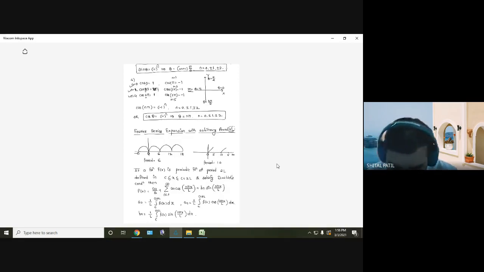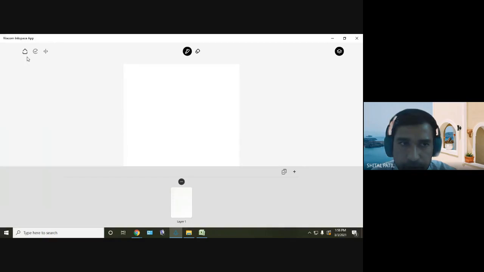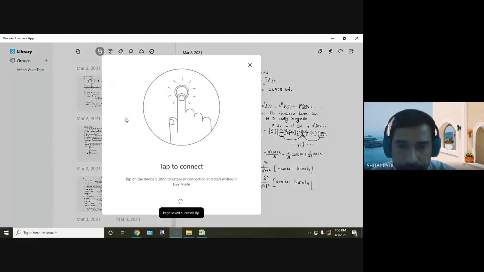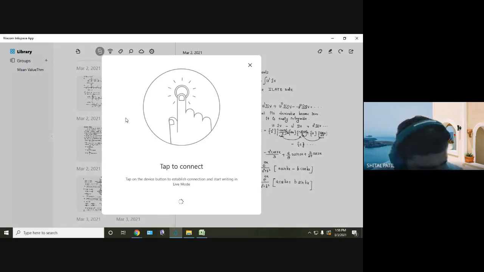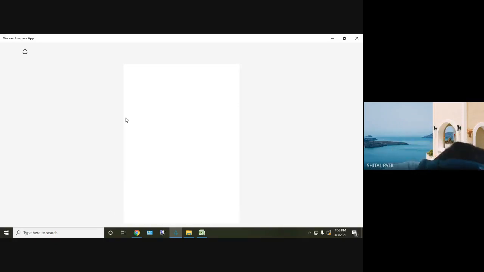Find Fourier series expansion of f of x equal to 4 minus x square in the interval x between 0 to 2.